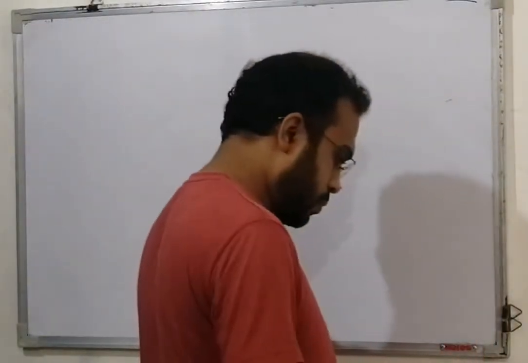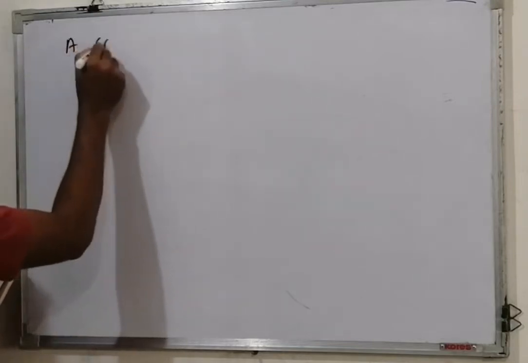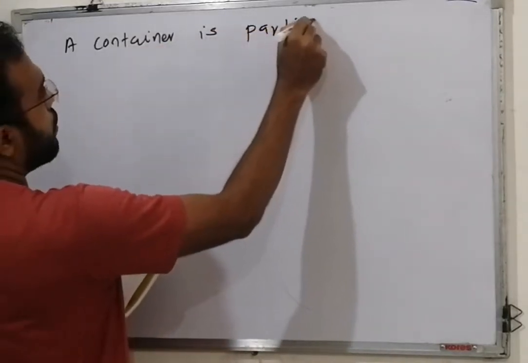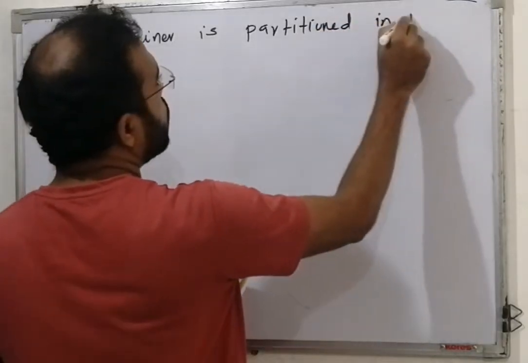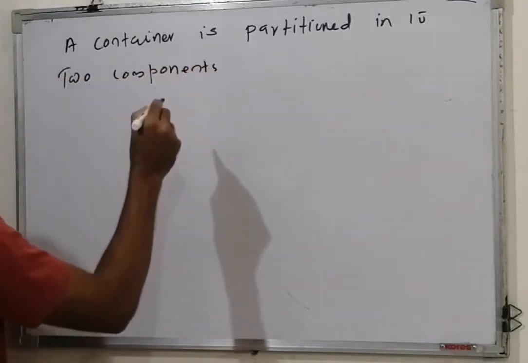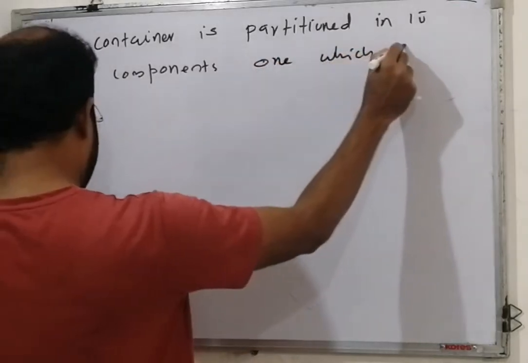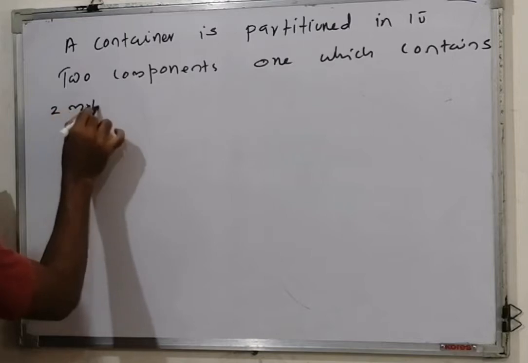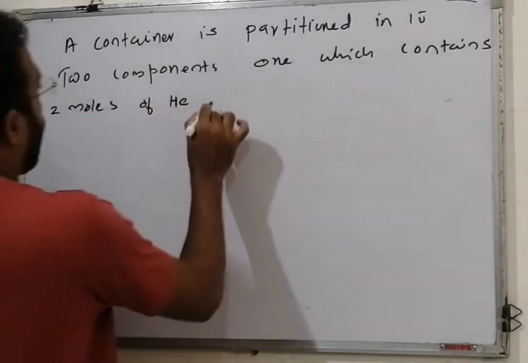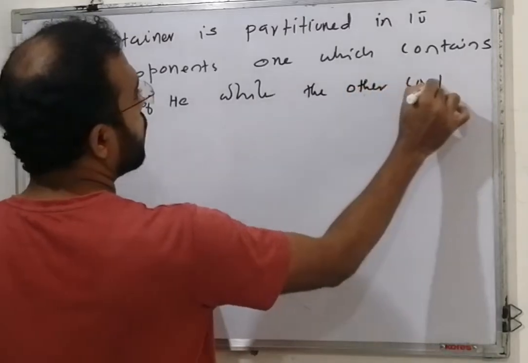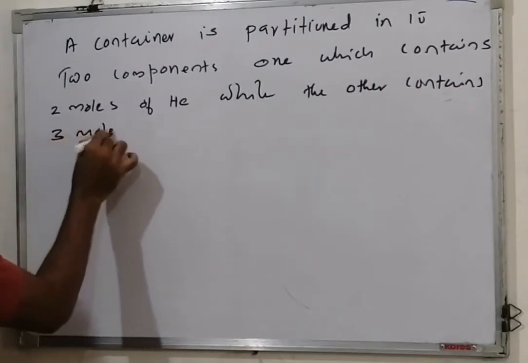Okay, one question. A container is partitioned into two compartments, one of which contains 2 moles of helium, while the other contains 3 moles of argon.